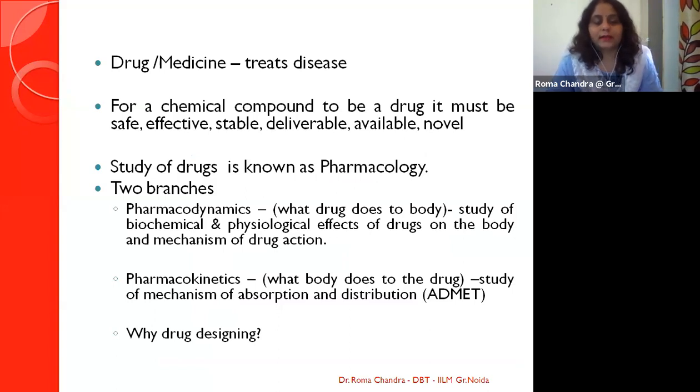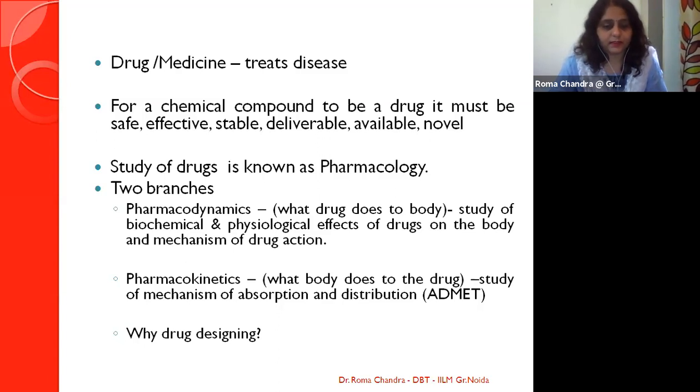So I told you that safe means it should be safe to our body without causing any kind of side effect or any other disease. Or it should be effective to our body. Obviously it should reach the site of action, and it should be helpful for the treatment of the disease.